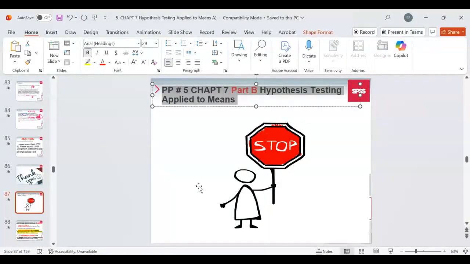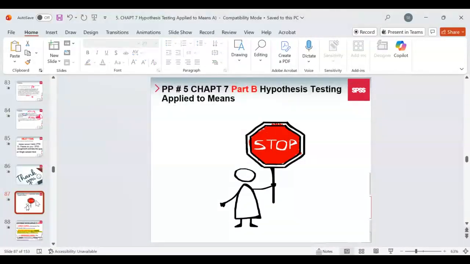So this is part B of PowerPoint number 5, which is chapter 7, hypothesis testing applied to means, and we're talking about the t-test. So we're going to do the second part, this one right here. Okay. All right.